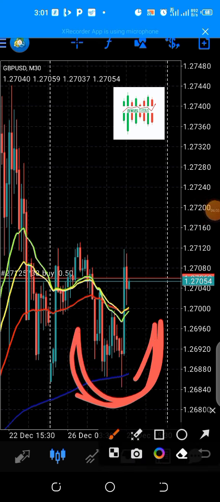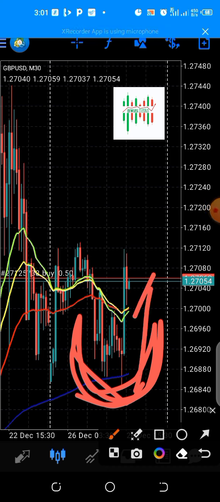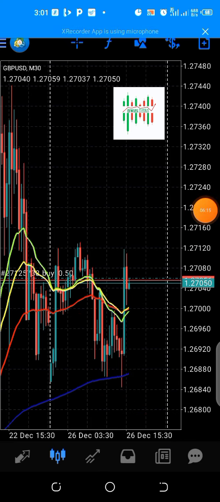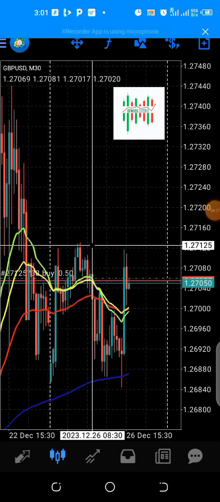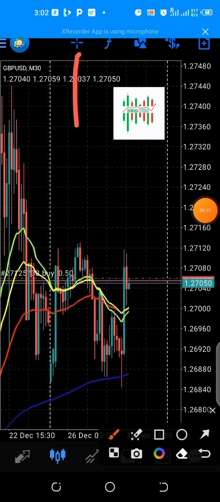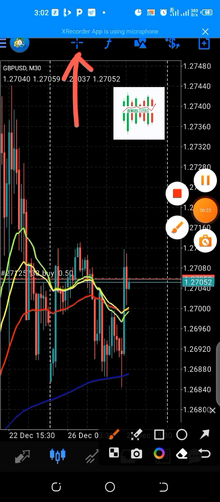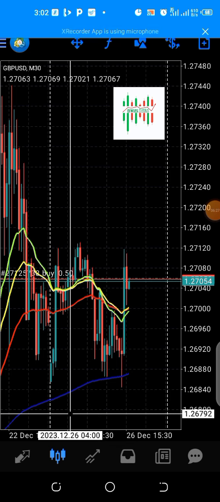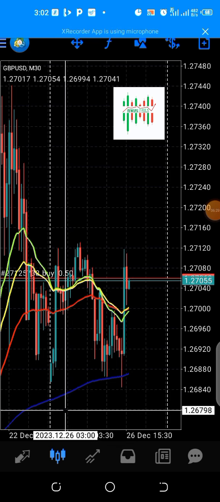The market is going up, so I set my stop loss below this swing, this higher low that has been created here. So how will I set my stop loss? I'll bring on this cursor here, I'll just click on it, then I'll drag it down to the level I want to place my stop loss.